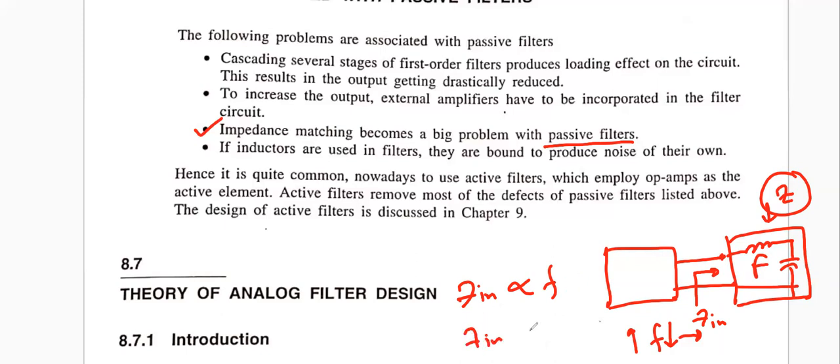Z in could be inversely proportional to the F of this total circuit, based on the design. So when the frequency changes, of course the impedance parameters will change, and that makes a huge problem for the circuit.